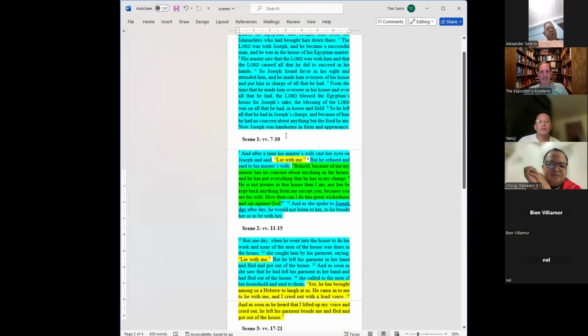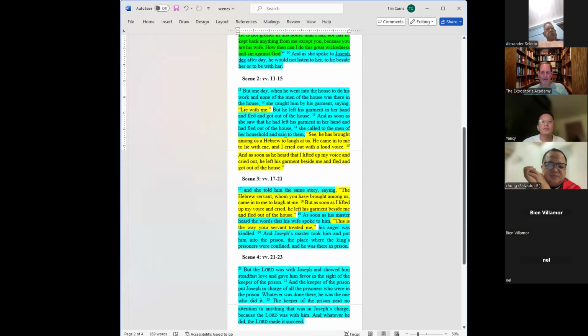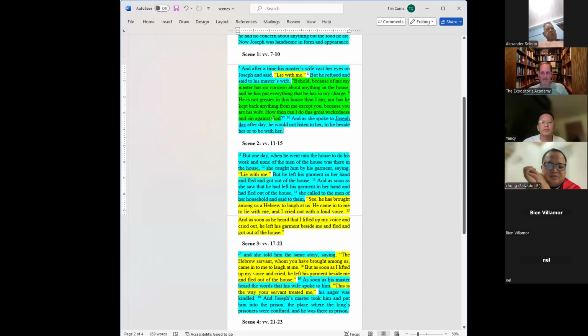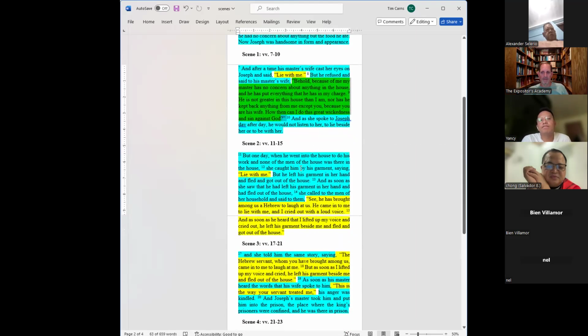Notice the story begins and ends with the narrator. And then in the middle, of course, he makes some statements. And then notice Joseph only has one statement in the whole story, in green there. And then yellow is, of course, Potiphar's wife.